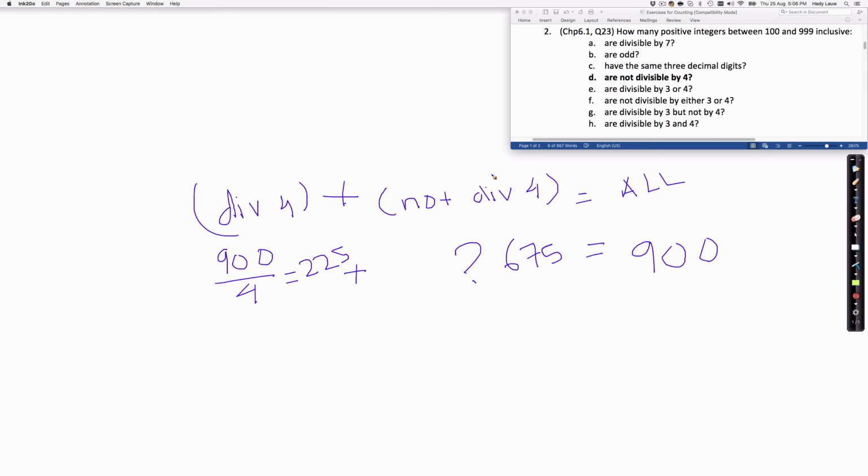Alright, now let's look at E, which are the numbers that are divisible by 3 or 4. In this case, there are 2 possible ones that we are going to consider: divisible by 3 or divisible by 4. Let's first consider the ones that are divisible by 3.